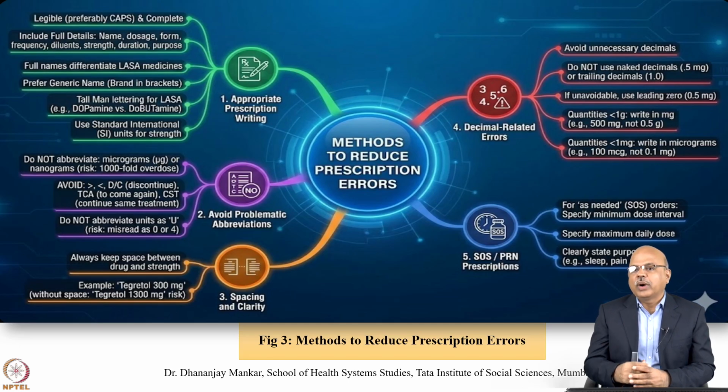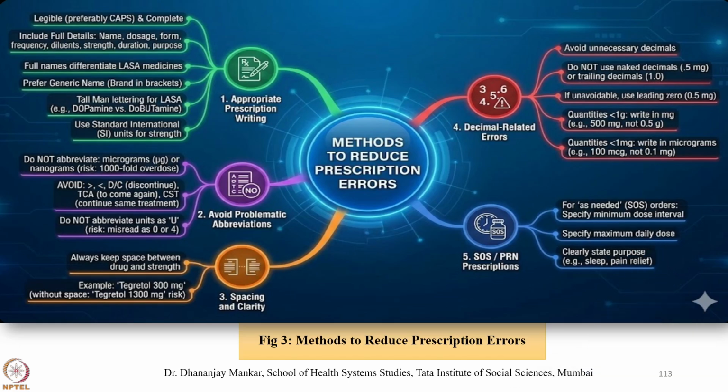Avoid unnecessary decimals, do not use naked decimals, or if unavoidable, use leading zero quantities. In terms of quantities, what is higher or lesser, you need to make very clear, and decimal related errors can be reduced if you emphasize making this very clear to the patients and when you are prescribing it also.